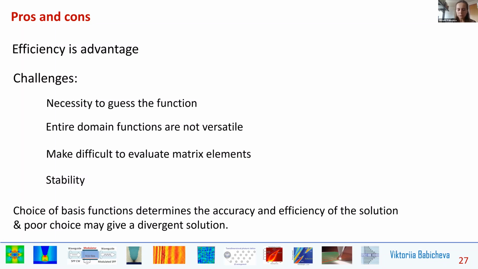The choice of basis function determines the accuracy and efficiency of the solution. And a poor choice may give a divergent solution. For any particular problem, the task is to choose the correct set of basis functions that are well suited for that particular problem.